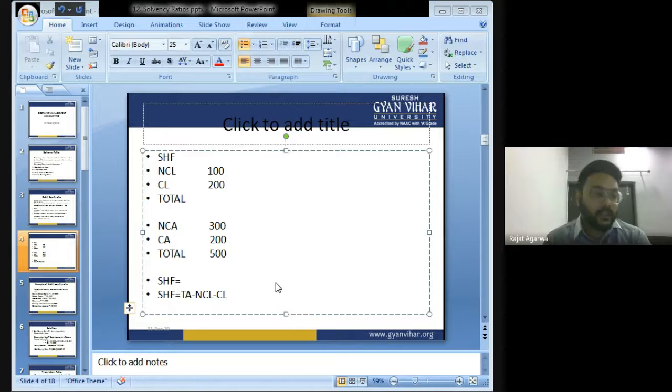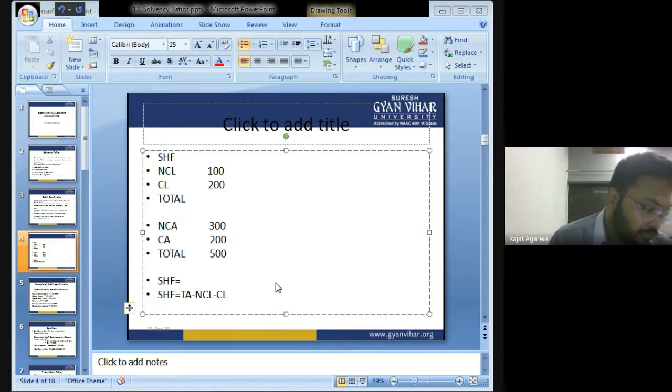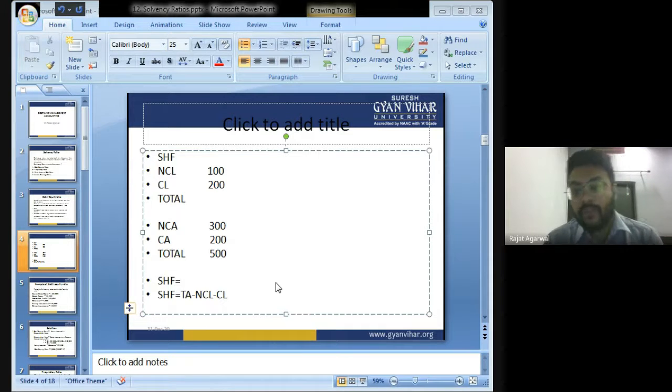So, acha, we all know one more thing, that total of assets and total of liabilities are always equal.